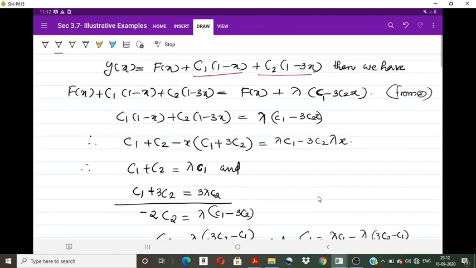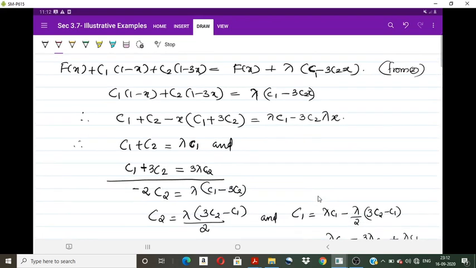Now subtracting these two equations, we have minus 2 C2 is equal to lambda into (c1 minus 3 c2). So capital C2 is equal to lambda by 2 into (3 c2 minus c1).